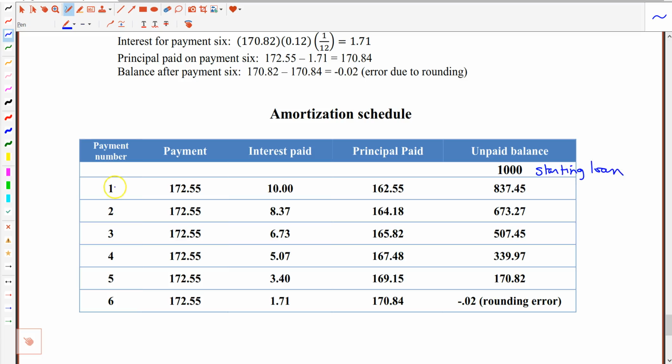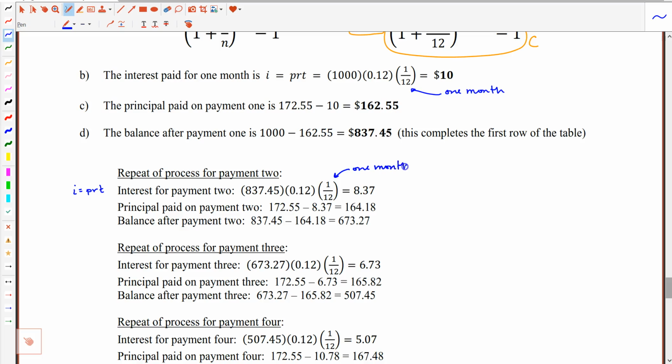At this point, the principal of the loan is $837.45. The rate is still 12%, and the time is still over 1 month. So 1 month has elapsed since I made an interest payment. Over that month, I will have owed in interest $8.37.